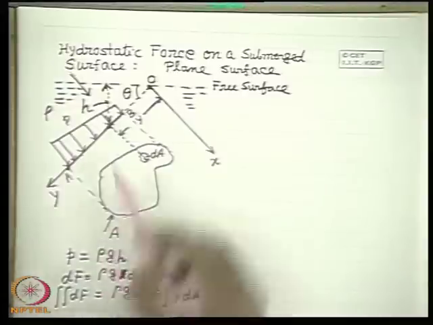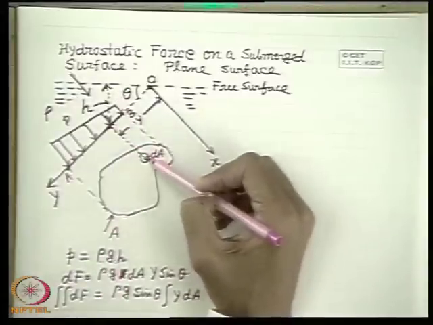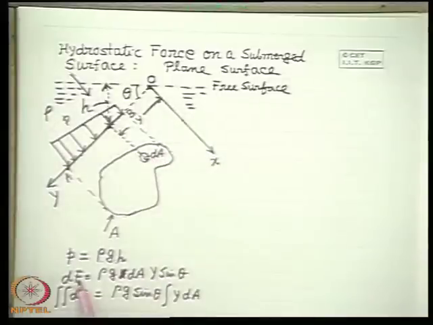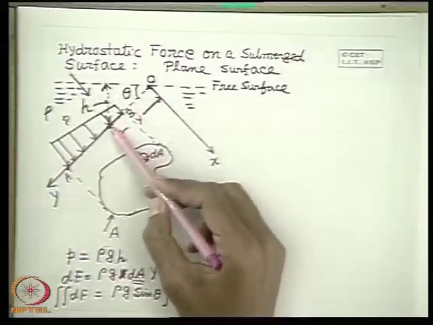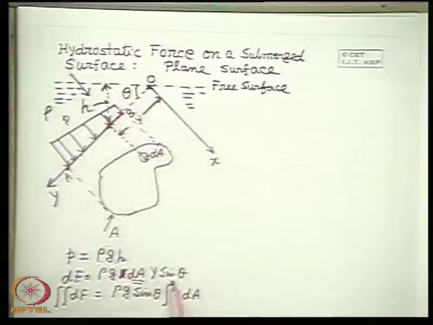Rho g H is the pressure on this area. So the force on the elemental area, dF, is rho g H into dA, because pressure into area is the force, and H is substituted as y sin theta. This is theta, this is y, this is H, so y sin theta.